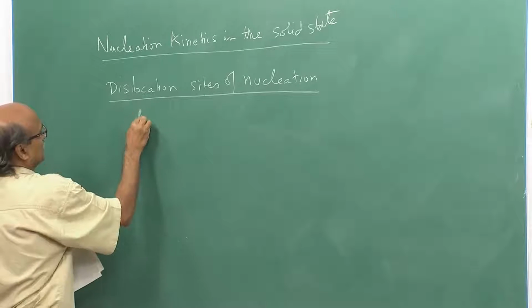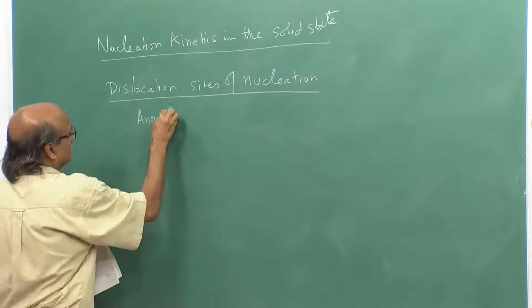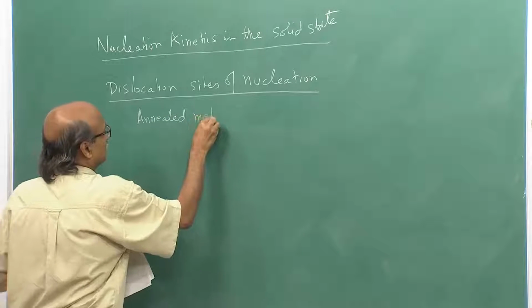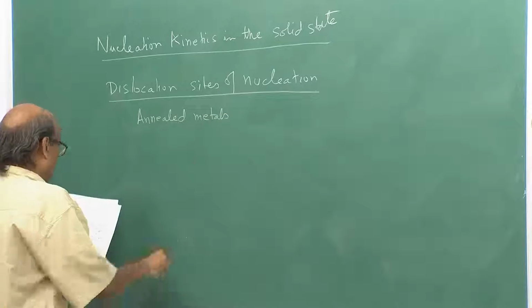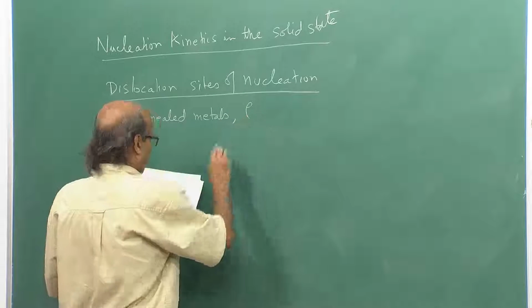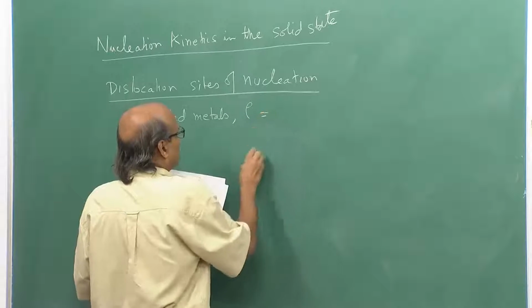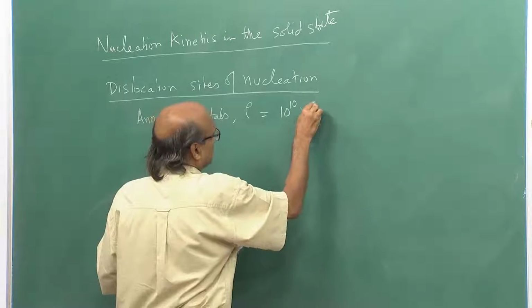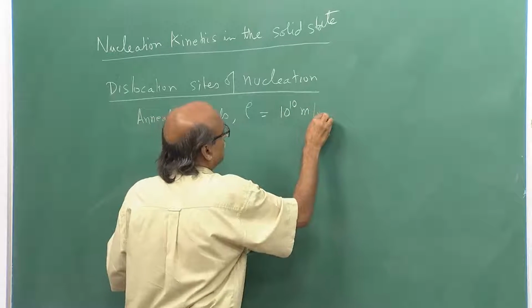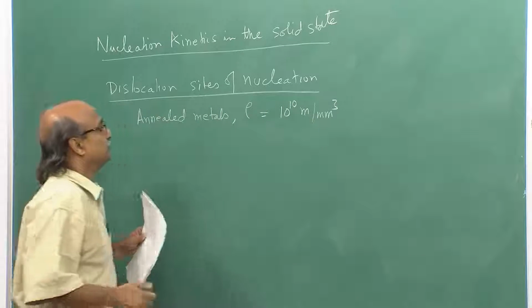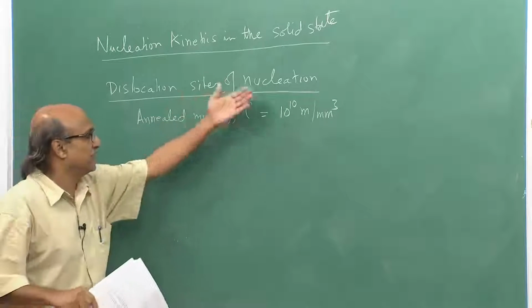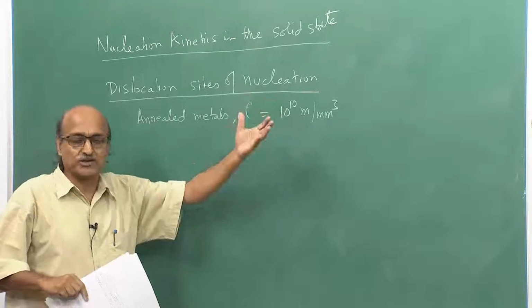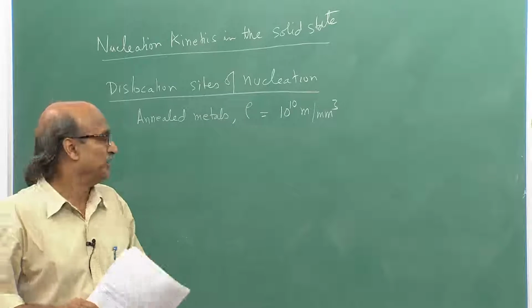In annealed metals, the density of dislocations rho is of the order of 10 to the power 10 meters per meter cube. So, dislocation density is measured as the total length of dislocations in a unit volume of material.